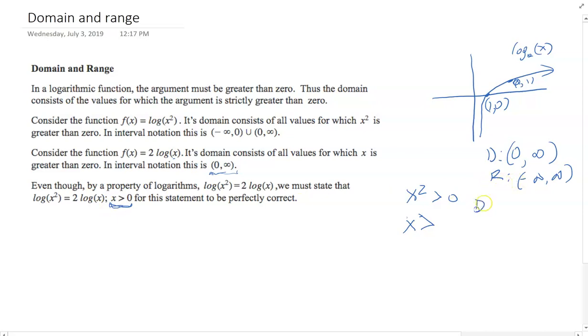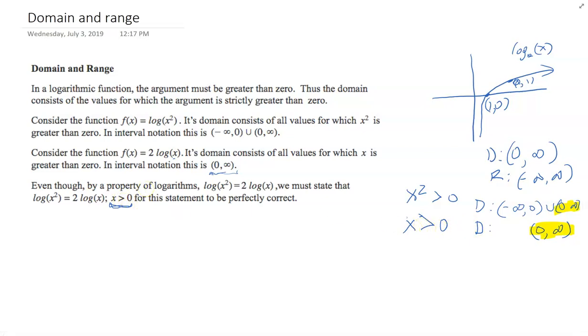So in these two cases, in one of them the domain is negative infinity to 0 union 0 to infinity. In the other case, for x greater than 0, your domain would be 0 to infinity. So they're both equal where the domains are equal, which is where x is greater than 0, right?